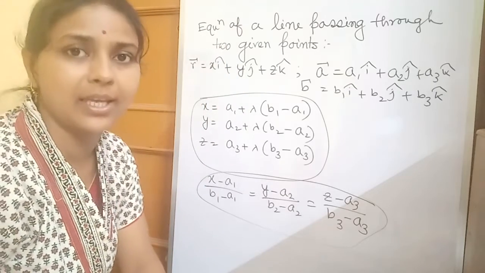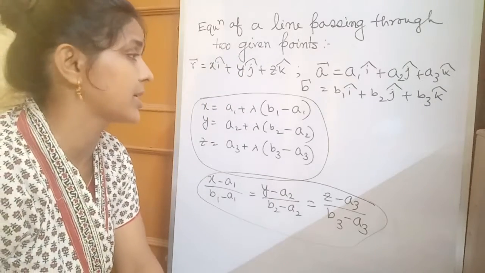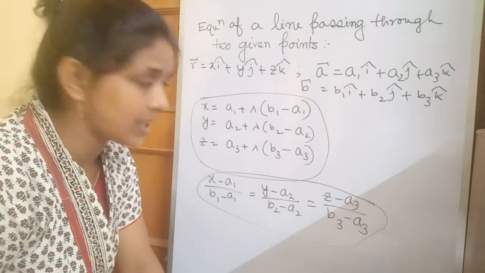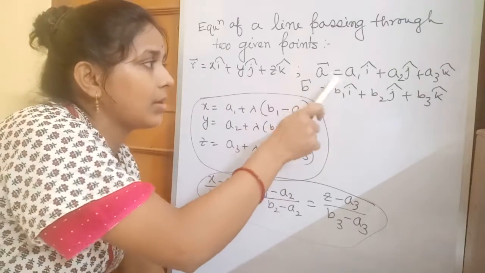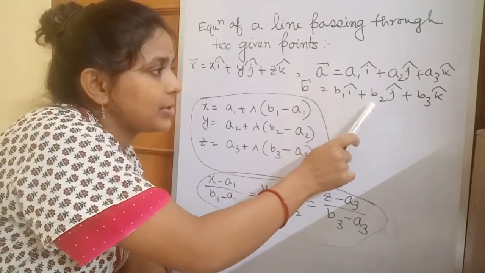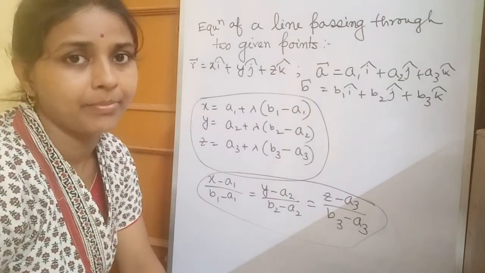Okay, the points are A and B and their coordinates are a1, a2, a3 and b1, b2, b3. Or you can see their position vectors are a1 i plus a2 j plus a3 k and b1 i plus b2 j plus b3 k.